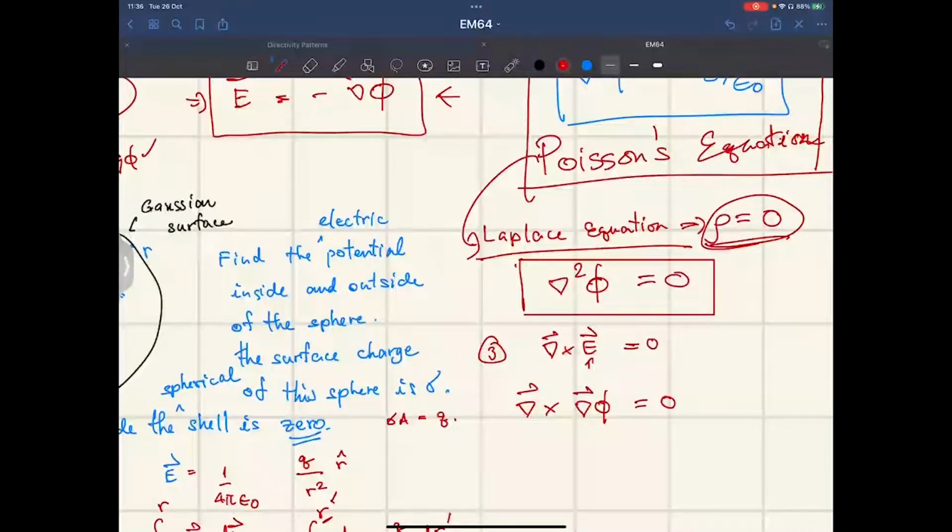And this thing shows nothing because curl of gradient is always 0. We cannot do anything more than this. We can only say that from here E can be written as this thing. That's all.